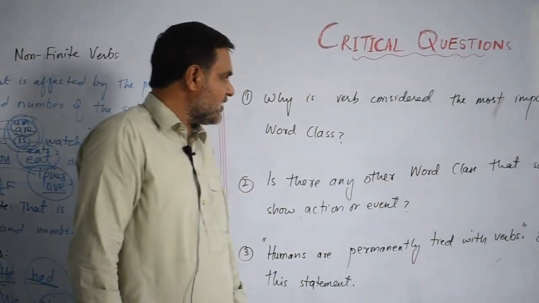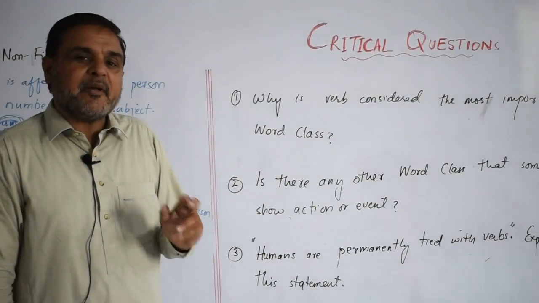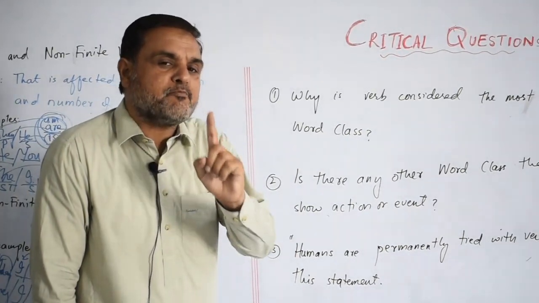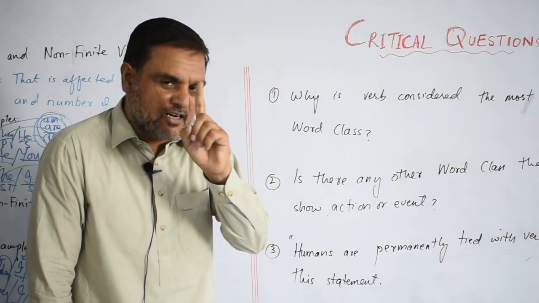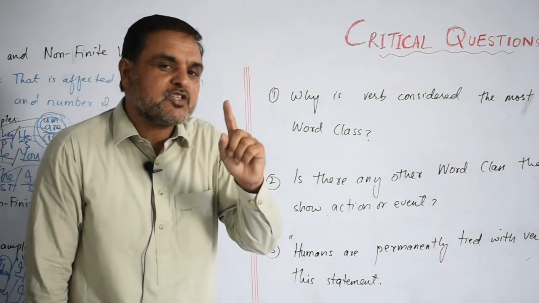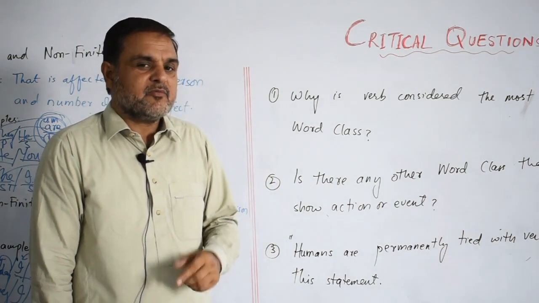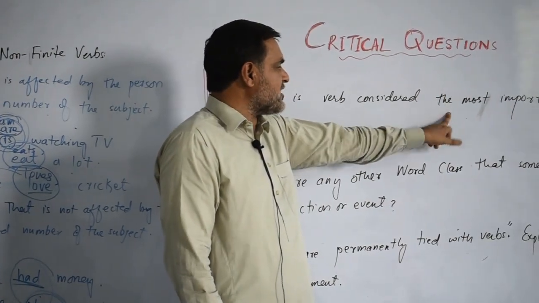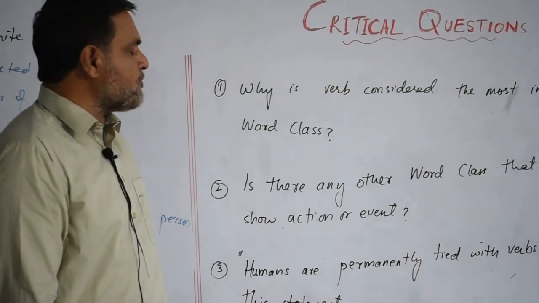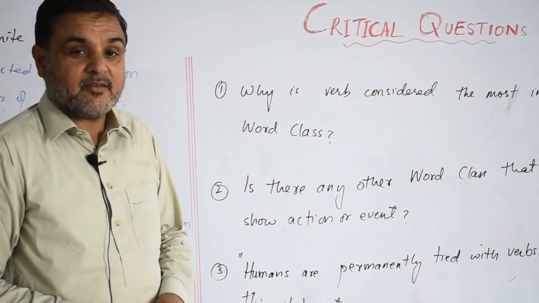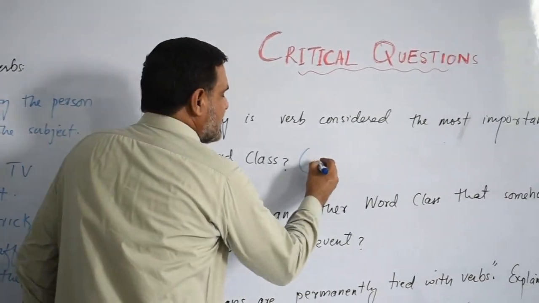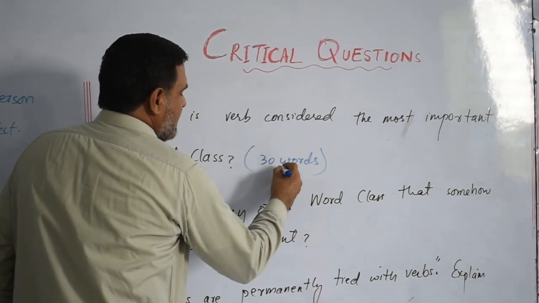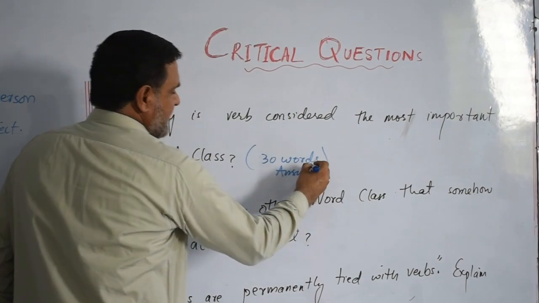Number one, remember kids, verb is considered the most important word class, the most important part of speech. My question is, why is the verb considered the most important word class? Why? Answer must not be more than 30 words. 30 words answer, please, not more than that.